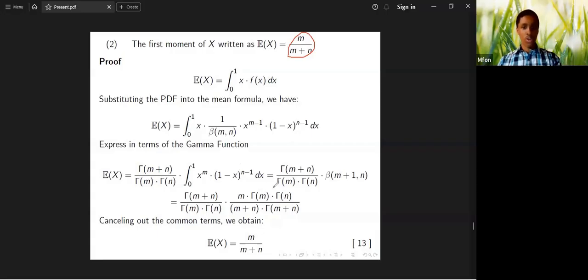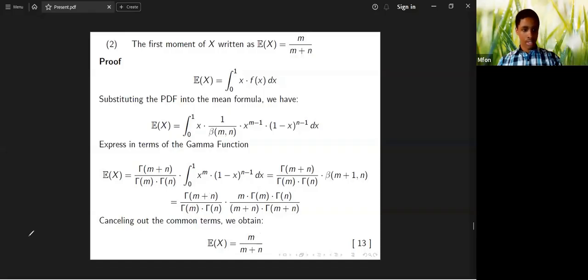Solving, following from the first one, the power of m increases once again from m minus 1 to m, meaning that the beta function being used here will increase by 1, which is beta(m plus 1, n). So substituting the gamma function once again, gamma (m plus n) over gamma m times gamma n will now be multiplied by gamma m plus 1 times gamma n over gamma (m plus n plus 1). So this will cancel out, remaining only m over (m plus n), and that is what we are required to find.